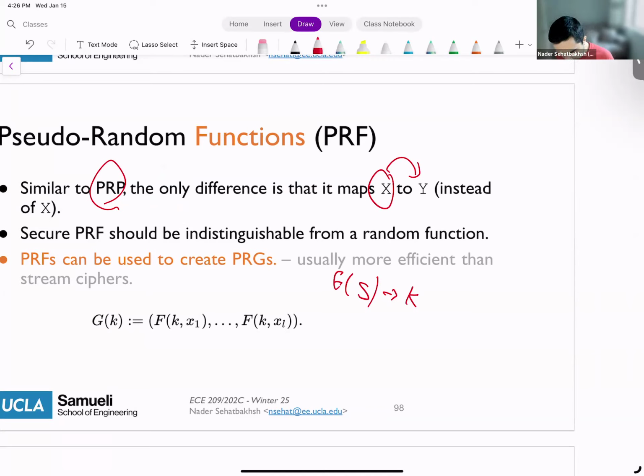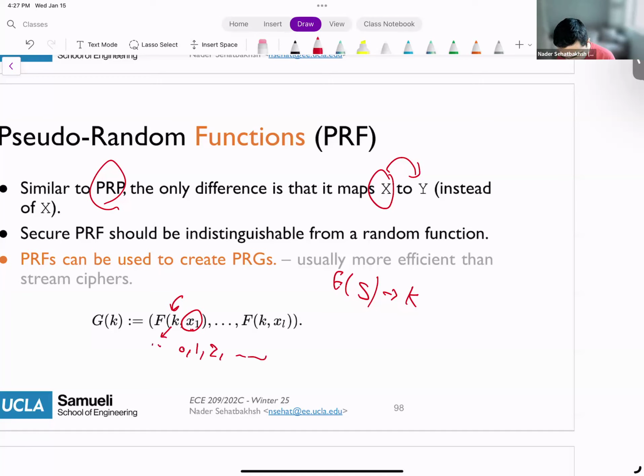That's kind of what we do, and the way that we're going to do it is we're going to use these pseudo-random functions, okay? So we have this K as our input. We're going to generate these different inputs X1, X2, X3, and so on. These are the inputs to this seed, and then we're going to generate this K for these different inputs. X could be, for example, starting from 0, it could be 0, 1, 2, 3, and so on and so forth.